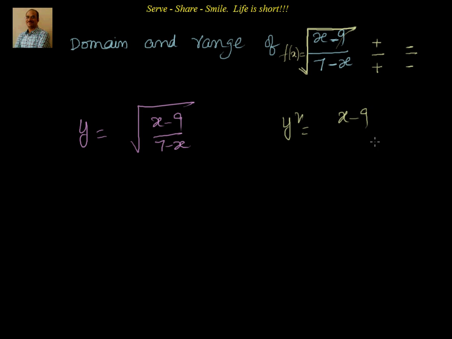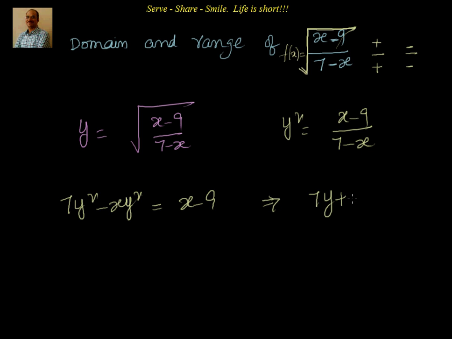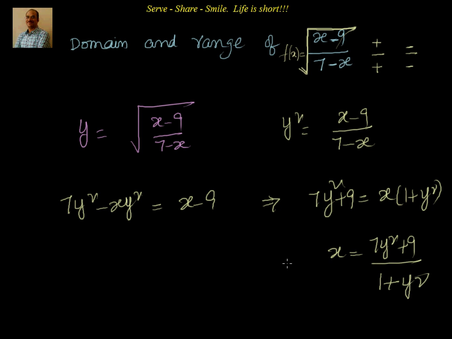I will have y square equal to x minus 9 by 7 minus x, or 7y square minus xy square equal to x minus 9, or can I say 7y square plus 9 is equal to x into 1 plus y square, or x is equal to 7y square plus 9 divided by 1 plus y square. Now for this function, the inverse function will be y equal to 7x square plus 9 by 1 plus x square, obtained by switching x and y.